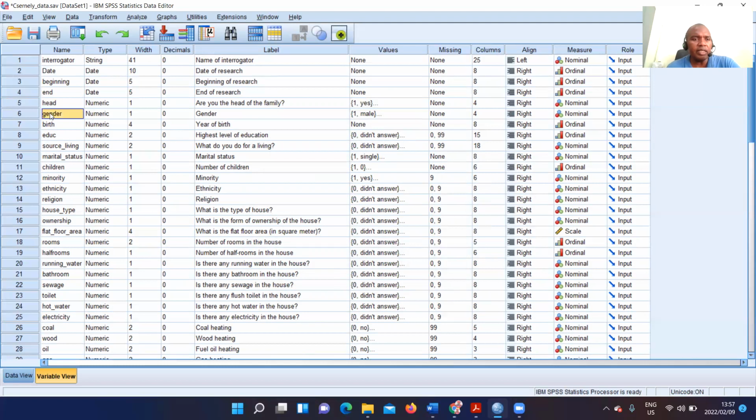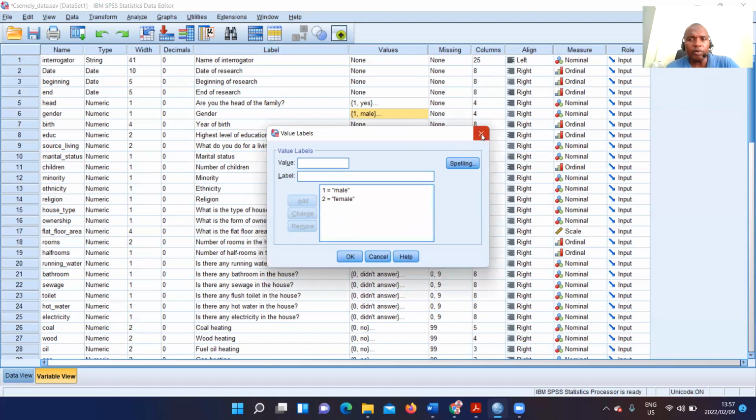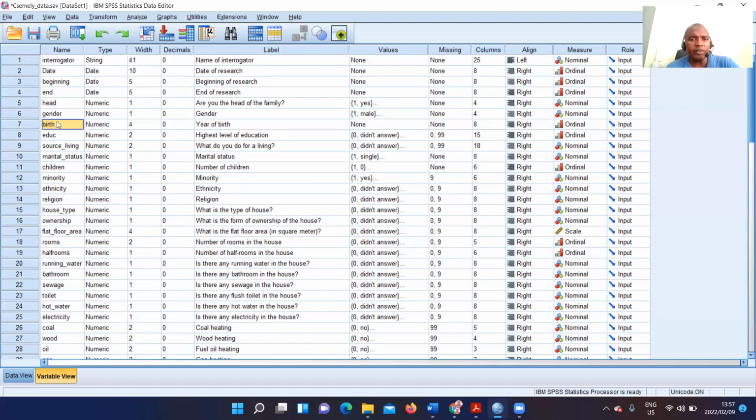And then gender, we also coded it as a numeric variable, 1 for male and 2 for female. And then birth is the year of birth of the respondents, which we can't provide in advance.